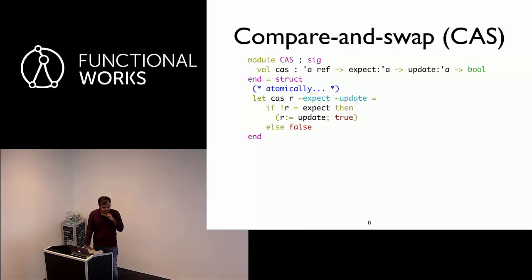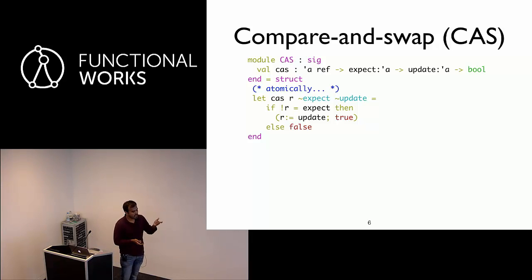So, quick question, how many of you have actually programmed with compare and swap instructions? All right, great. Compare and swap is the primary tool for lock-free programmers when they write parallel programs. There are many different variants of compare and swap, and essentially all of them boil down to this particular pattern, where compare and swap is applied over a shared memory reference.